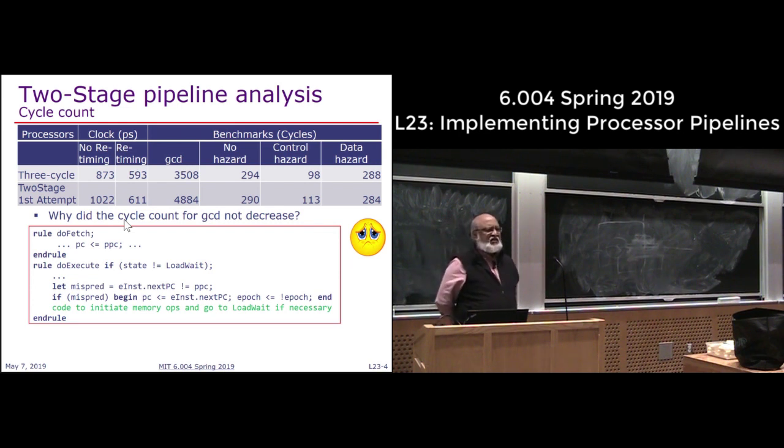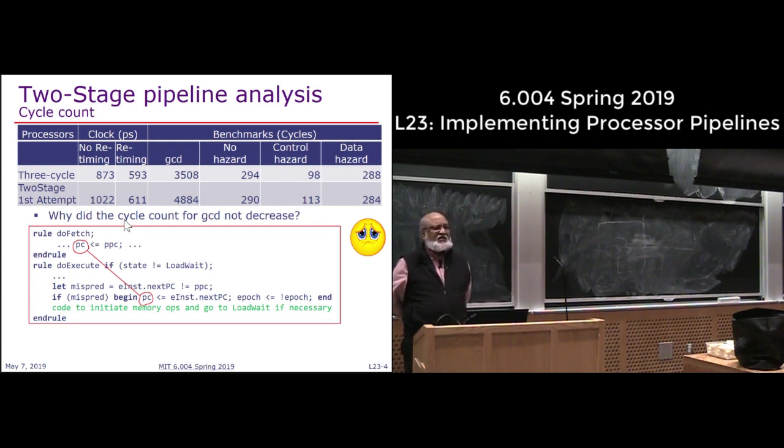If I just show you fractions of the code, the fetch stage is writing in PC, right? And so is the execute stage. It doesn't write in PC all the time, but it writes it in case of misdirection. And what does it mean when you have two rules trying to write in the same location, when there is a possibility of both the rules trying to update the same register?